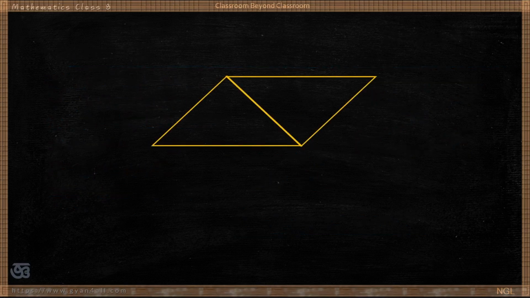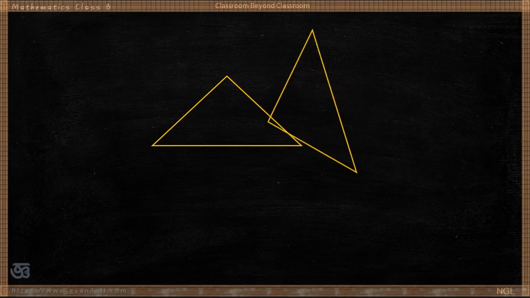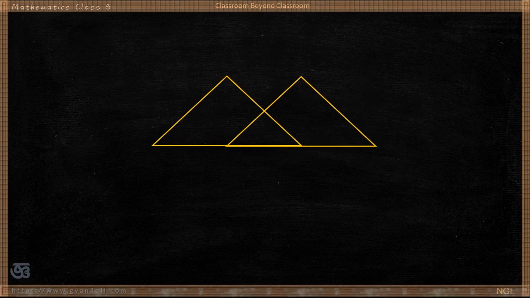Now what is congruent? You can see, suppose this triangle is congruent to this triangle. What does it mean? That these two triangles are exactly equal in shape and size, and if we overlap one triangle over the other, then we cannot distinguish the two triangles.